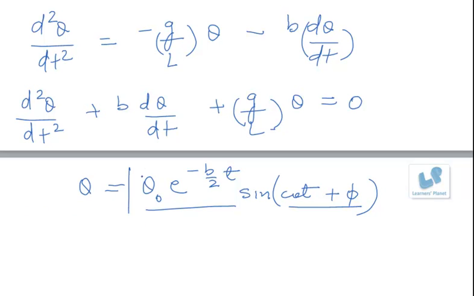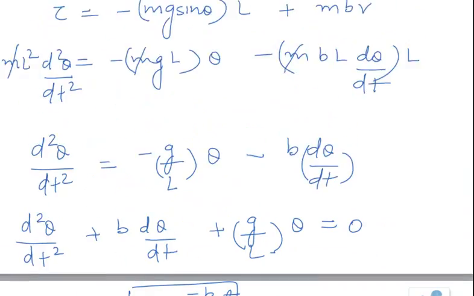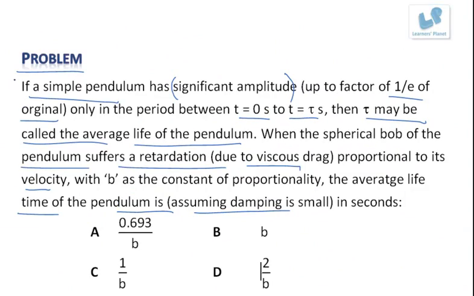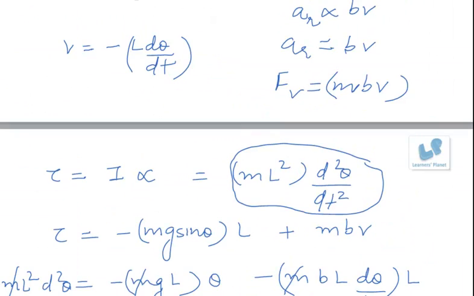So with this equation, let us again read one statement: if a simple pendulum has significant amplitude, that is up to a factor of 1 by e of original only in the time period between 0 to tau seconds.